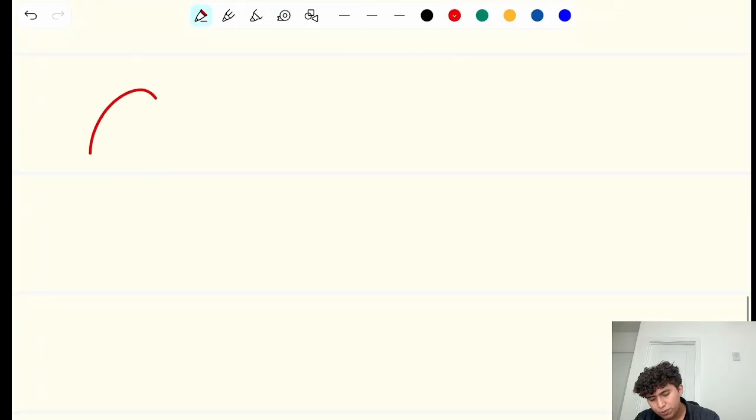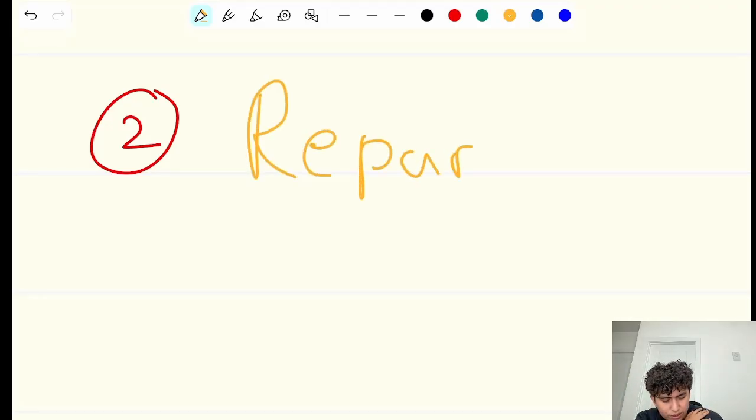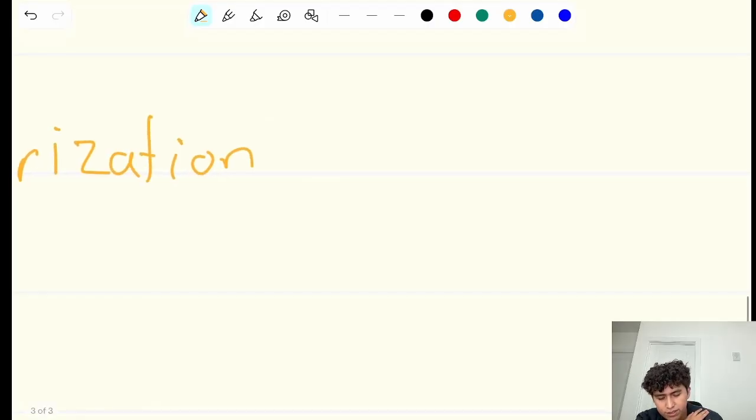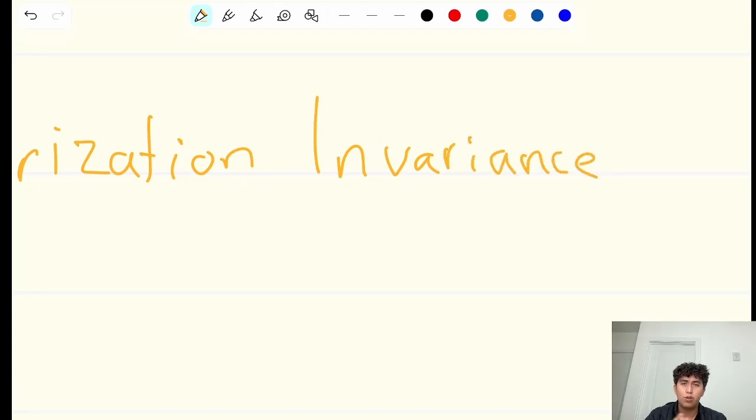Now we're going to go into a property that's extremely important for the whole course. We're going to use it over and over again. That is reparametrization invariance. Essentially, what this property tells you is that under different parametrizations of your world line, or in the case of strings later on, world sheet, different parametrizations shouldn't affect your physical result.